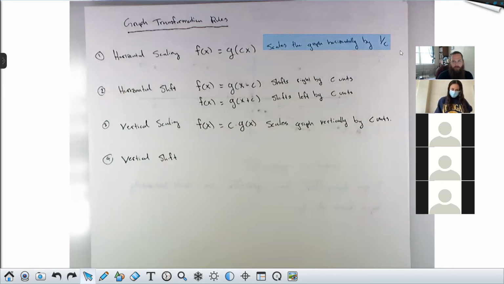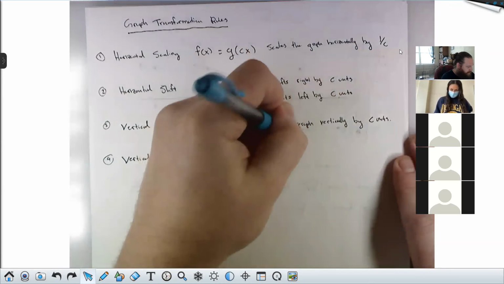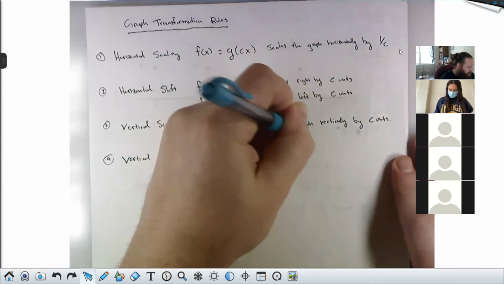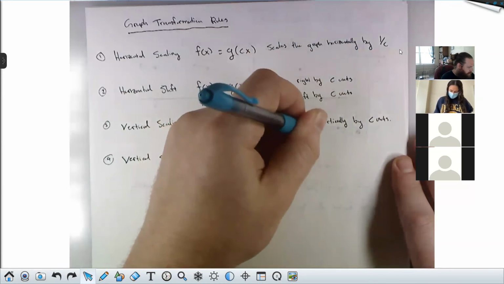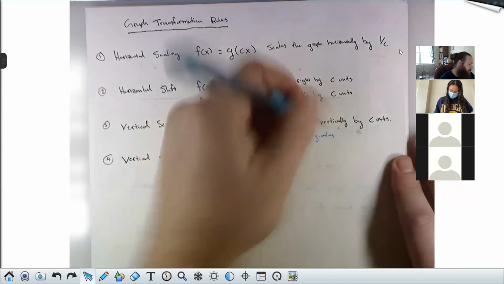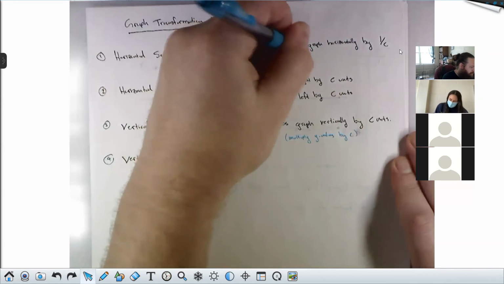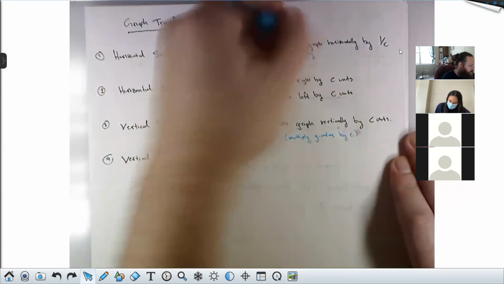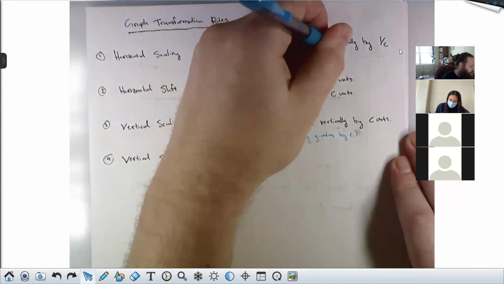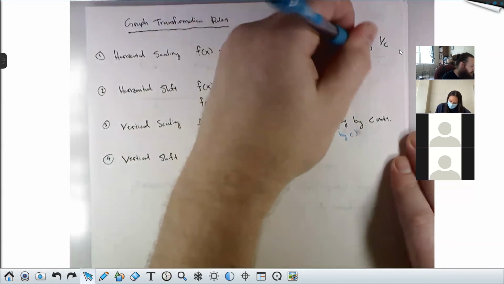And what I mean here is that we multiply all the x values by 1 over c. So let me even make that clear. What do we mean exactly by this? We mean multiply the y values by c. And here, what do we mean? We mean multiply the x values by 1 over c.